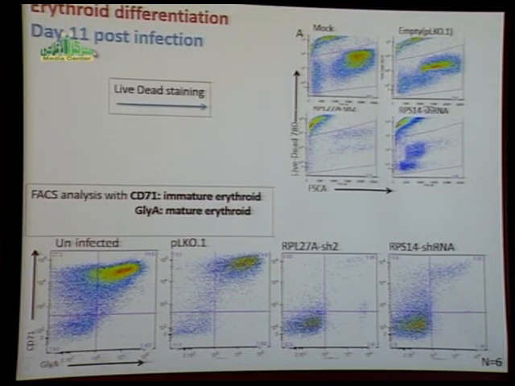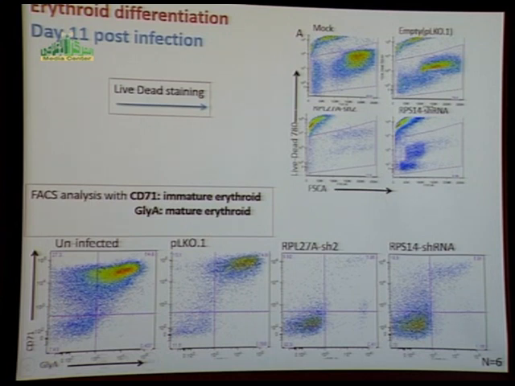Looking at the effect 11 days after the infection, and at the effect on erythroid differentiation, the live-dead staining showed that most of the cells transfected with the lentivirus against RPL27A are dead. Looking only at the surviving cells, we stained them with two markers for erythroid cells, CD71 for immature erythroid and glycophorin for mature erythroid.